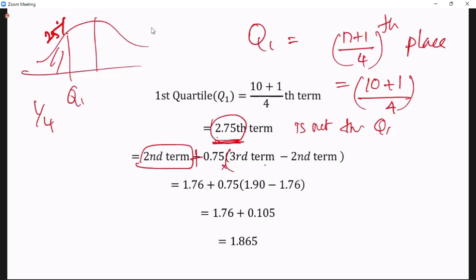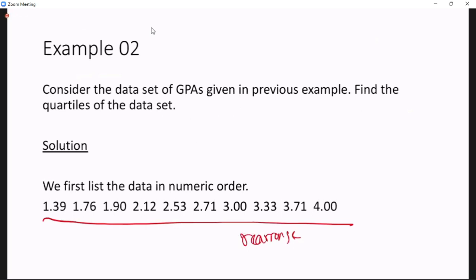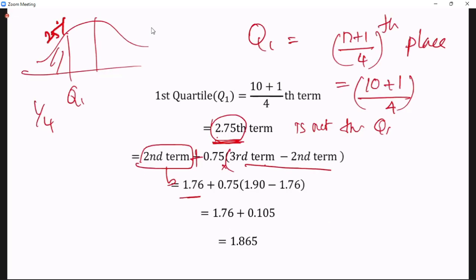The second term is 1.76, and the third term is 1.9. So 1.76 plus 0.75 times (1.9 minus 1.76).